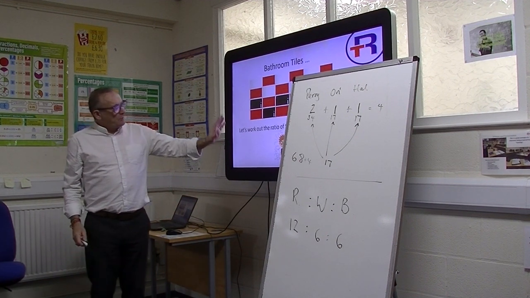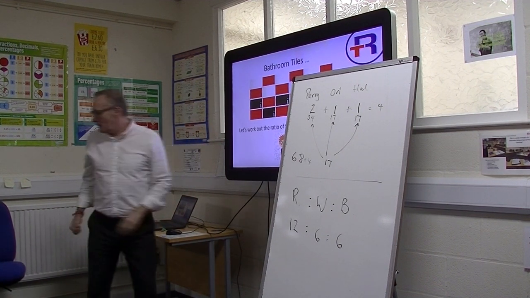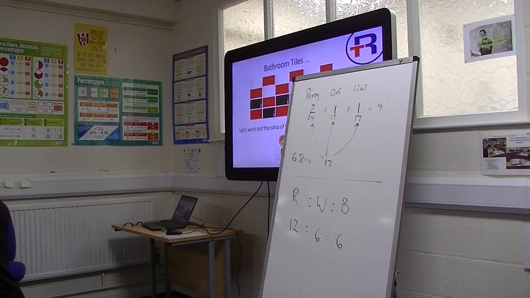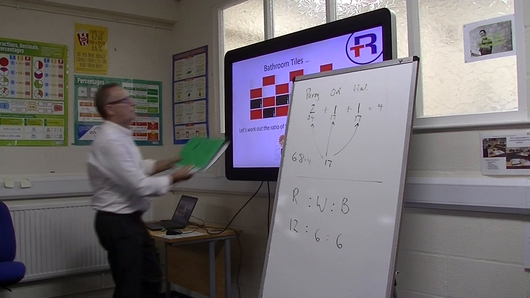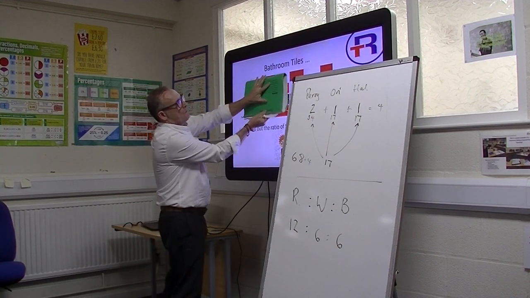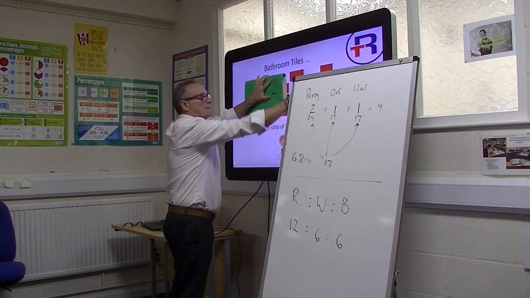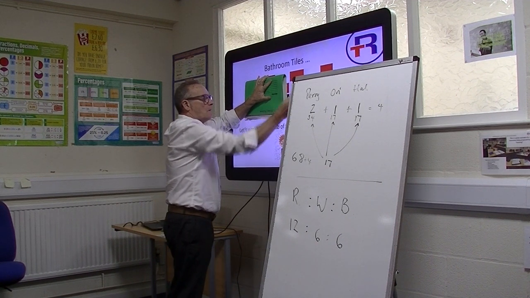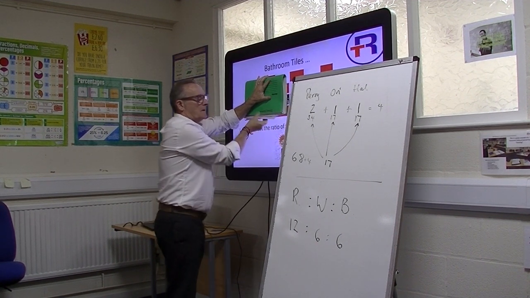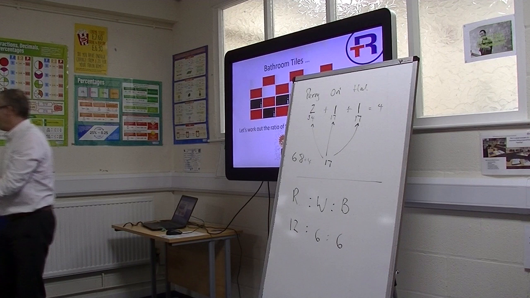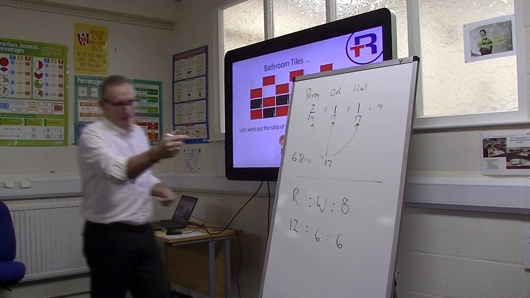But what happens if we split the picture in half? So if we were to cover this half up, or this half, what have we now got? We've now got 1, 2, 3, 4, 5, 6 red, 1, 2, 3 white, 1, 2, 3 black. What we've actually done, we've actually simplified that ratio.